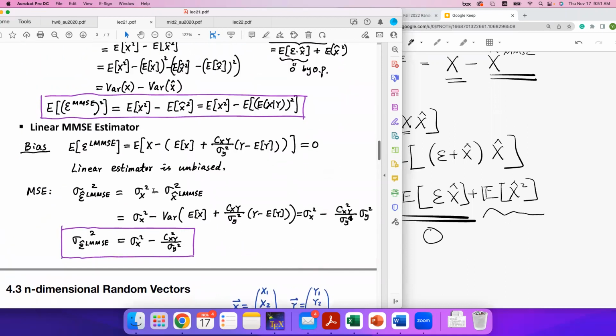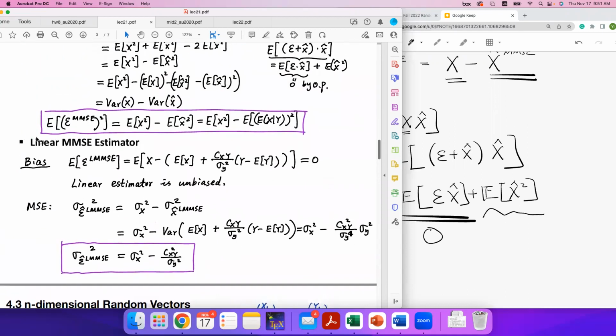We can also look at the linear MMSE estimator, which is not very different from the MMSE estimator. The linear MMSE estimator is given by this form, from the previous slides. Now let's look at all these statistics.